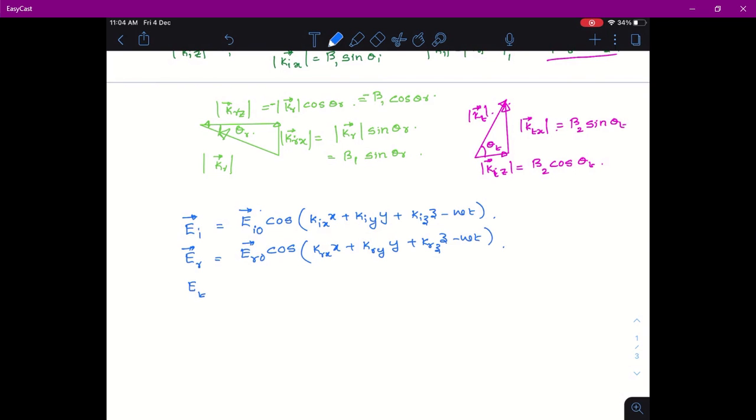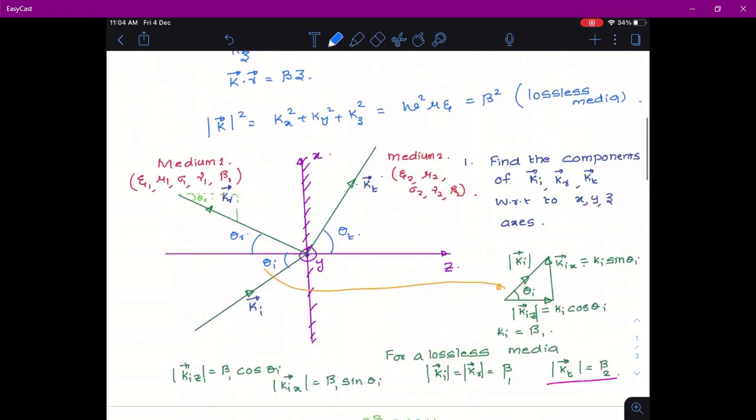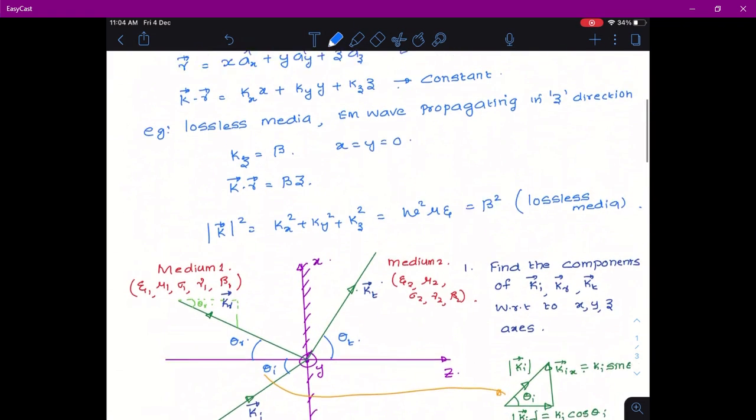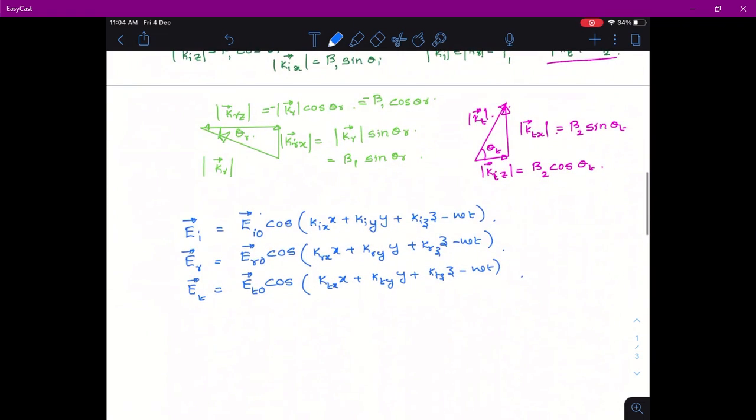And ET is equal to ET0 cos of (KTX x plus KTY y plus KTZ z minus omega t). Okay, where these are all magnitudes.